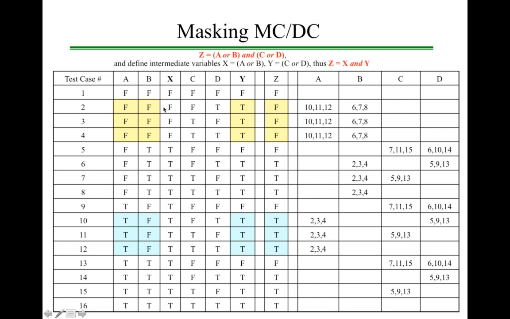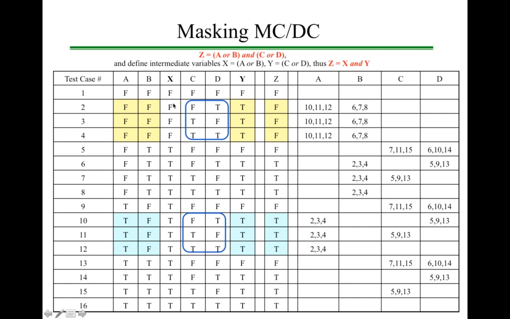Well, in this case, you see that if you look at test cases 2, 3, and 4, and you express the expression as A or B and Y, then you can combine 2, 3, and 4 as the same test case. Why? Because even though C and D are changing, the C or D, the proxy variable Y, is not changing.